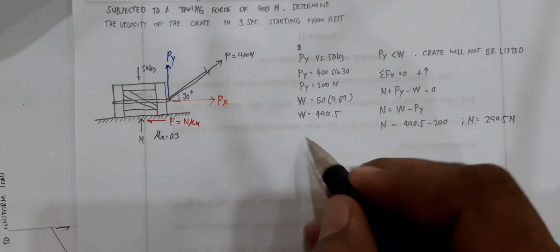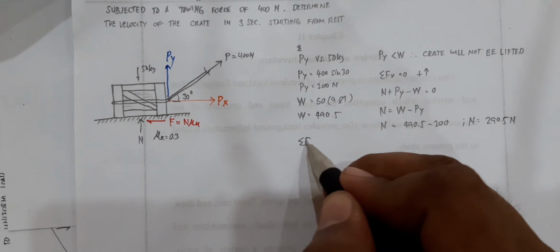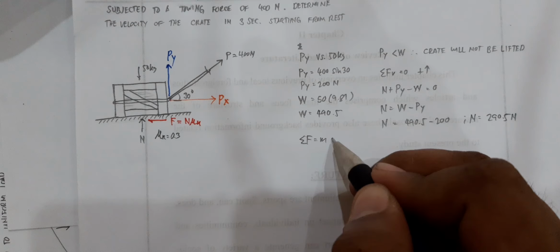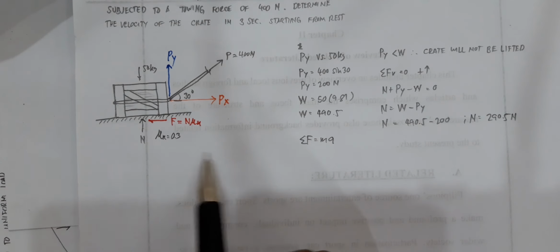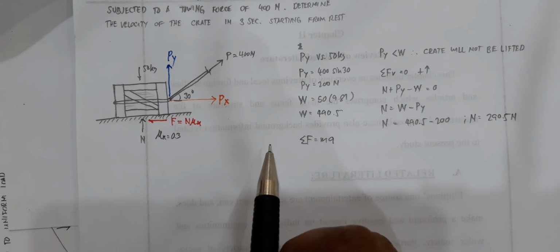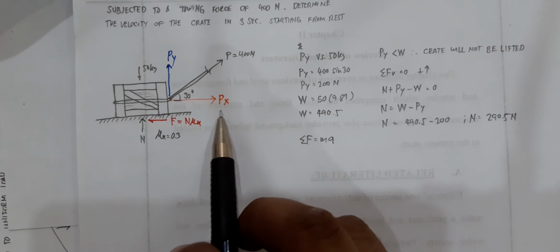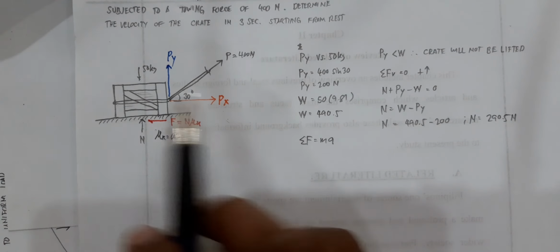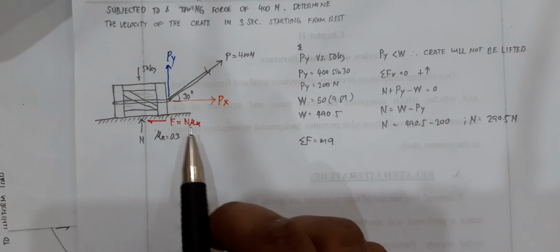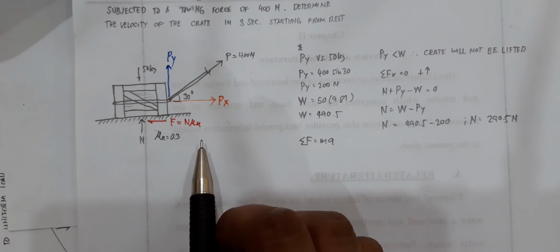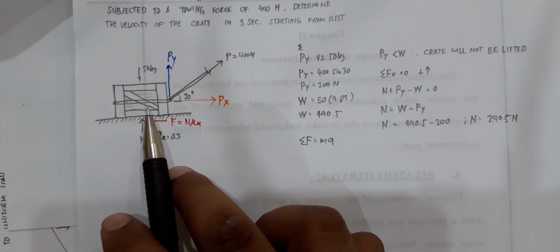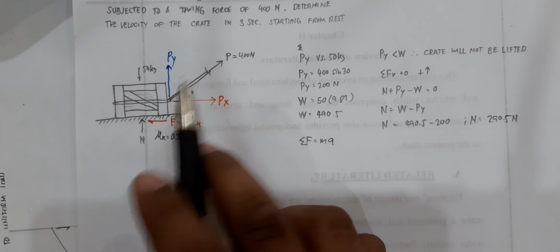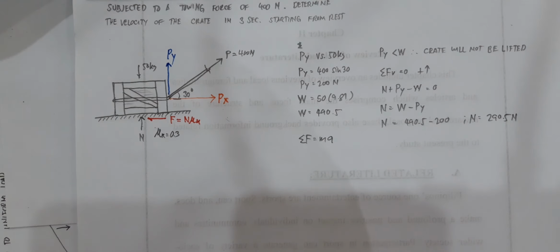Okay, now taking summation along the horizontal axis, you have Px and F as your forces. From our equation, summation of forces is equal to mass times acceleration. In this case, your forces are Px and F. You have here the mass, and acceleration would be the variable which we will be looking for, or what would be the end acceleration of this particular crate if we apply a 400 newton load.